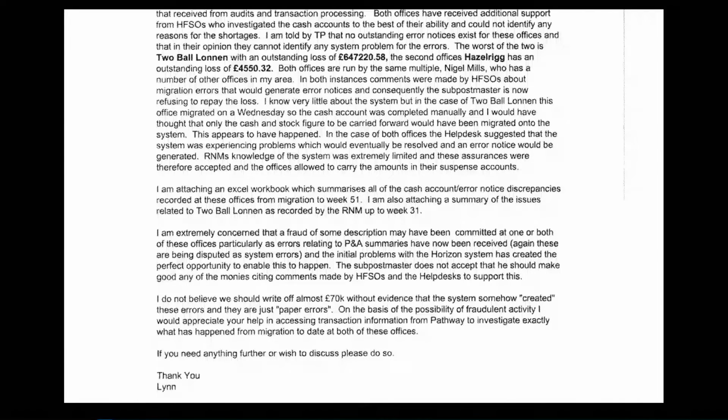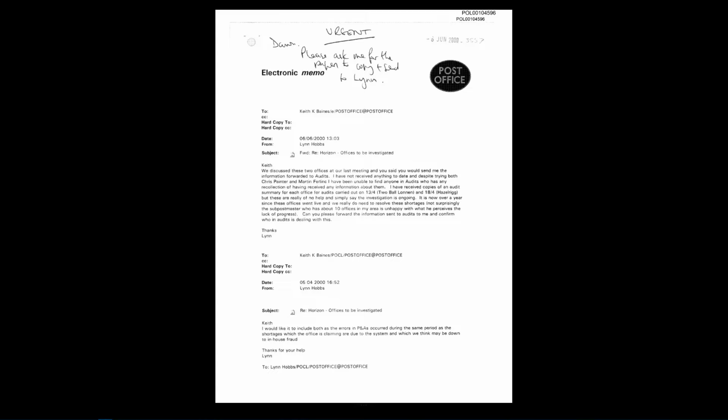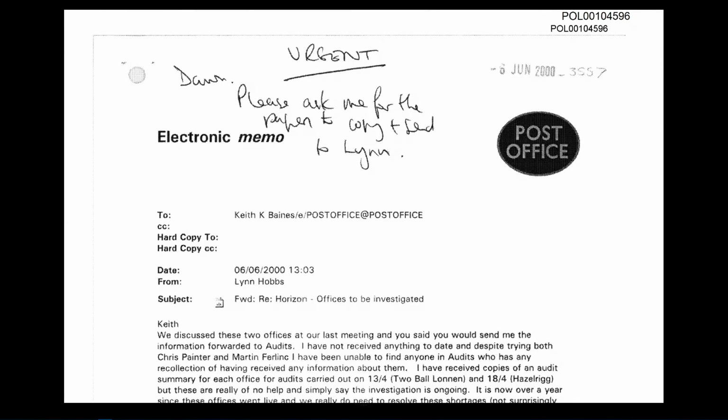Can we go to another document, same topic? It's POL00104596. We're still in 2000 here. Now we're in June 2000. And can we turn over the page, please, to page 2?